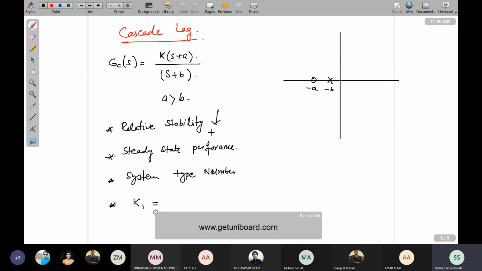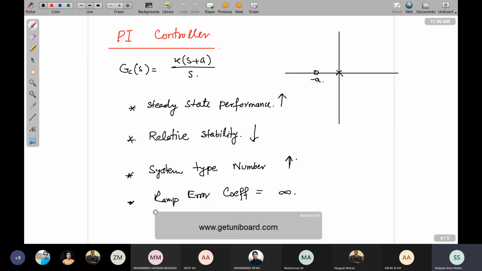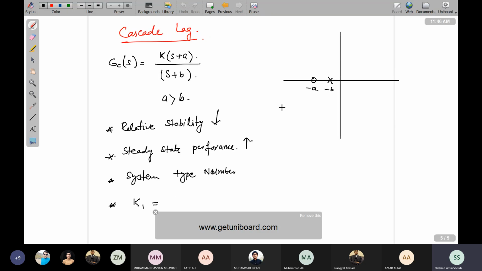Steady state performance is improved as compared to the uncompensated system, and there is no change in system type number.